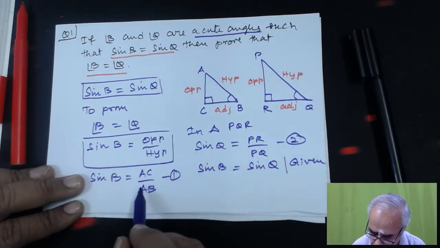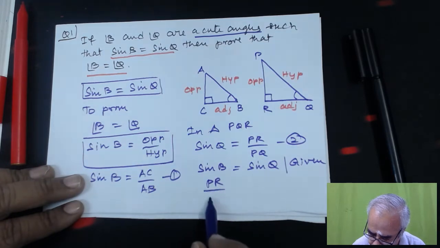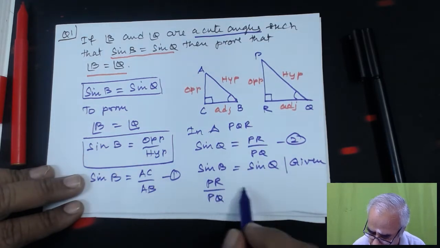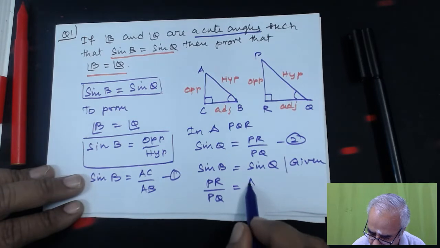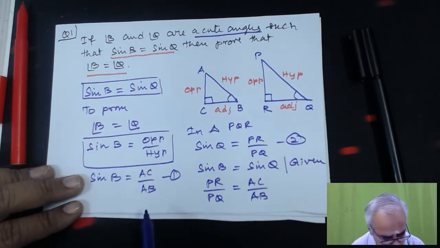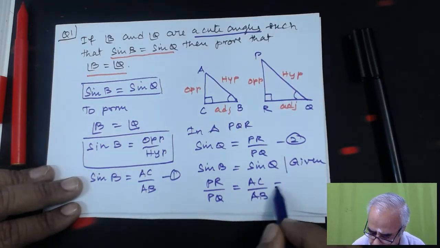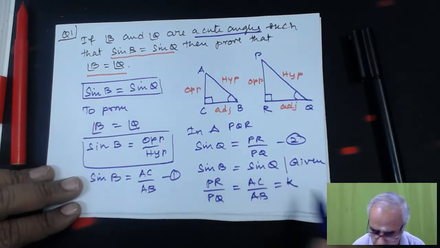Therefore RHS must be equal. Therefore PR by PQ is equal to AC divided by AB. So let us say this is a constant K.